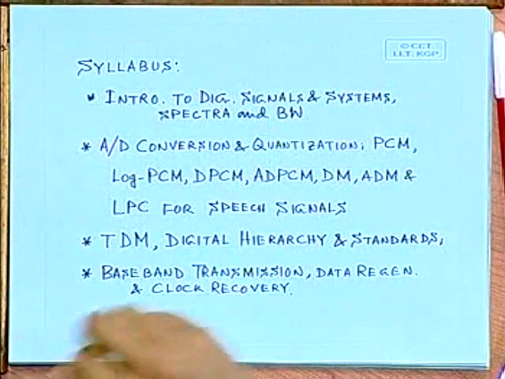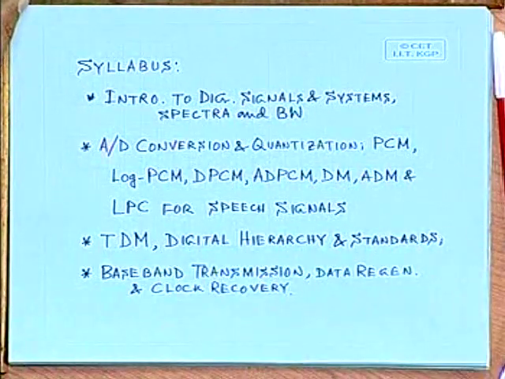Analog to digital conversion is a very basic process which usually is coupled to the input stage of a digital communication system. Before we think of processing a signal using a digital system or even calling a signal a digital signal, we must carry out this operation of conversion of an analog signal into an appropriate form in the digital domain. And you must have observed already that many of the signals which we derive from the physical world around us, they are inherently analog in nature.